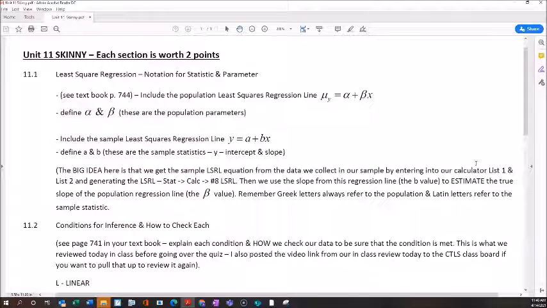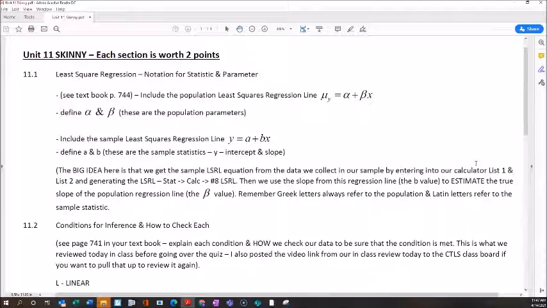Okay, so inference covers both confidence intervals and hypothesis tests. When we want to estimate a population parameter, we're going to do a confidence interval. When we want to evaluate a claim or test a claim or provide convincing evidence, that kind of wording, that's when we're going to do a hypothesis test.